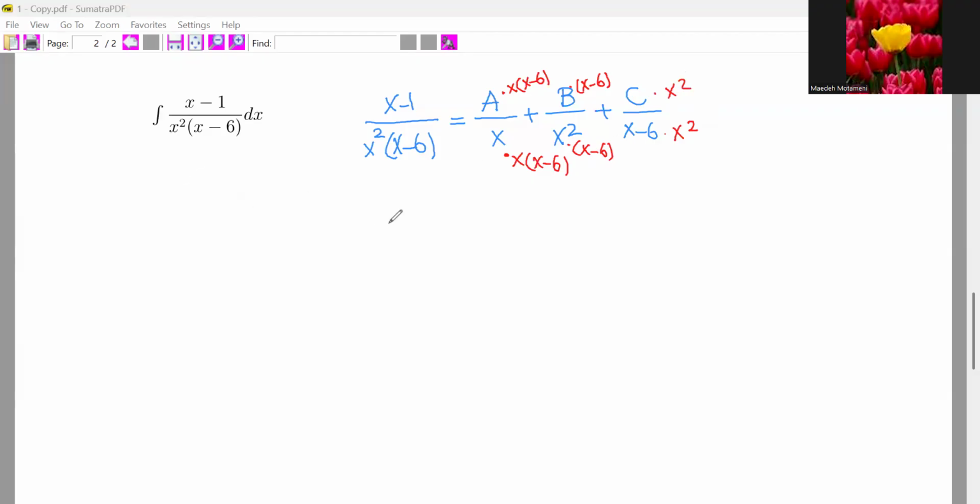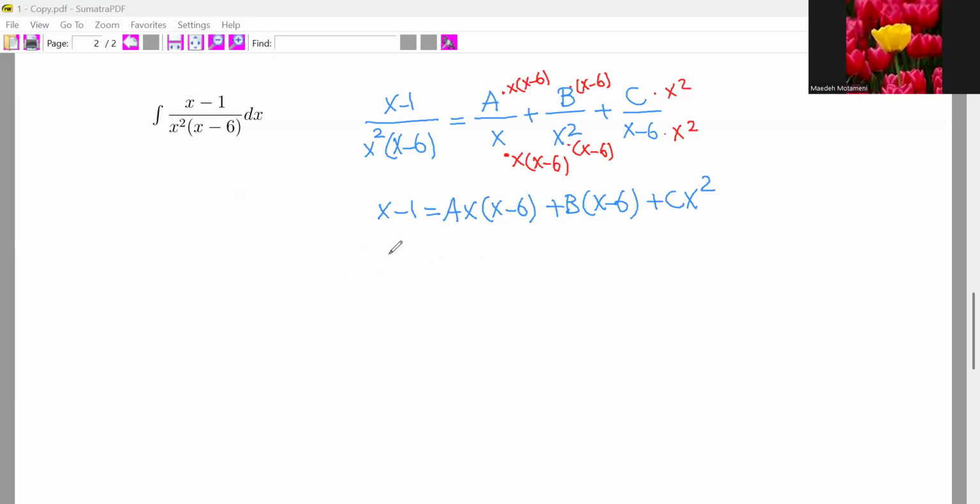Altogether, x minus 1, we only write the numerators to be easier. We would have a times x minus 6 plus b times x minus 6 plus c x squared. You can distribute, you can factor and set them equal, or you can get help of different points.